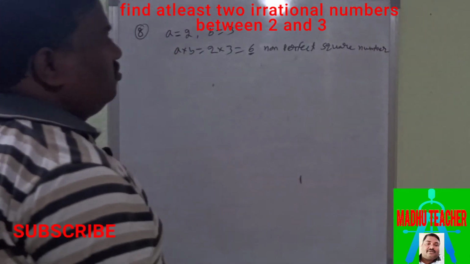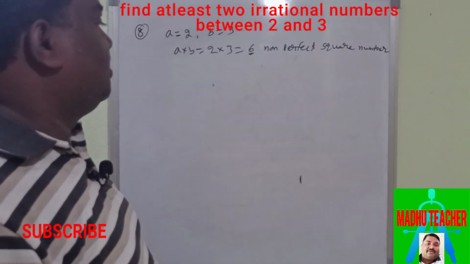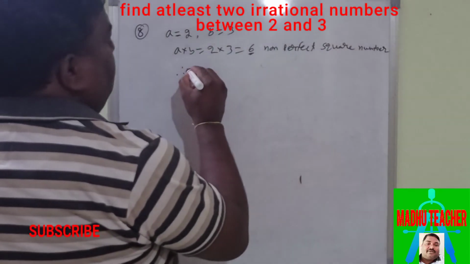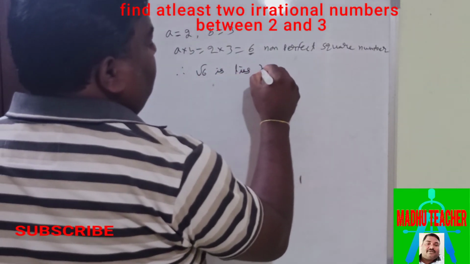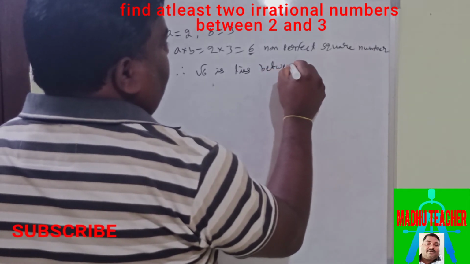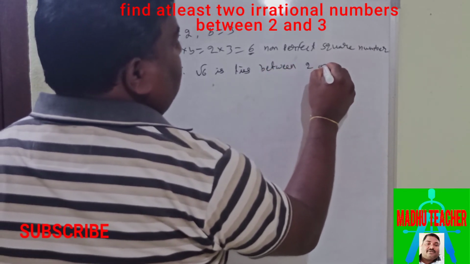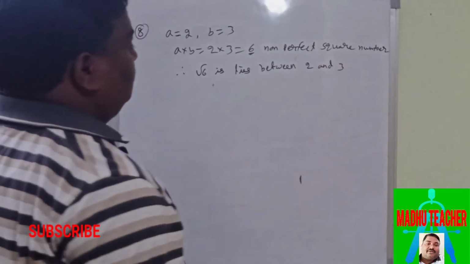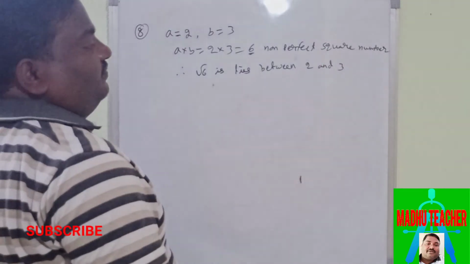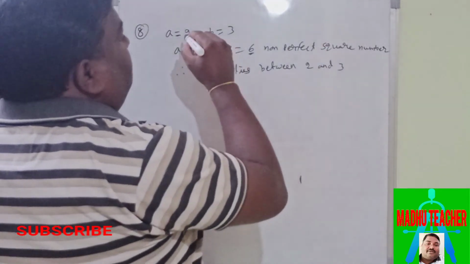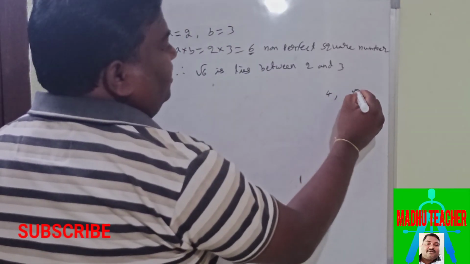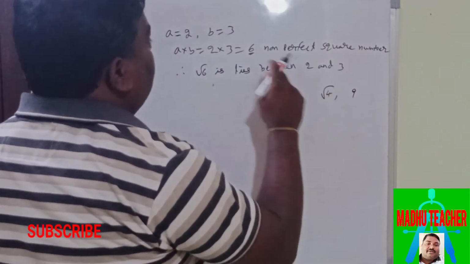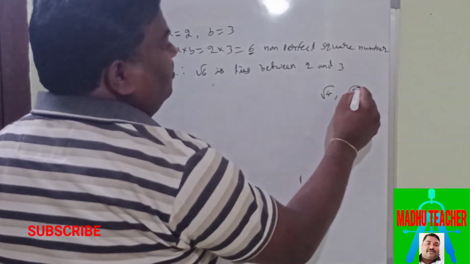Therefore root 6 lies between 2 and 3. Also we can write in another way, that is 2 square is 4 and 3 square is 9. That means root 4 equal to 2, root 9 equal to 3.